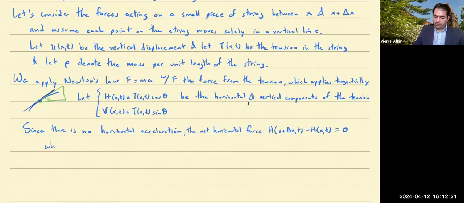Right, which tells us that H of x comma t is actually just H of t. It is independent of x.